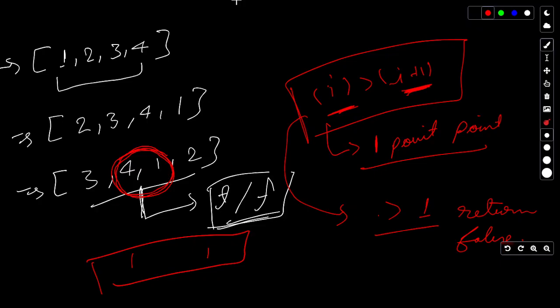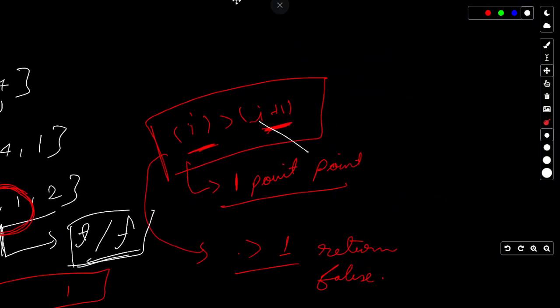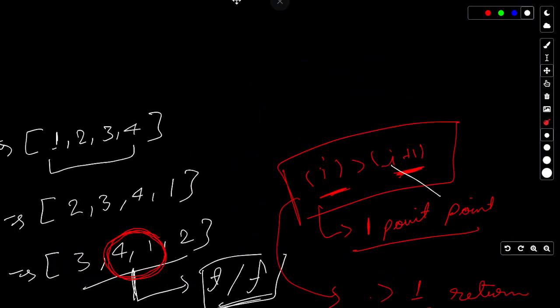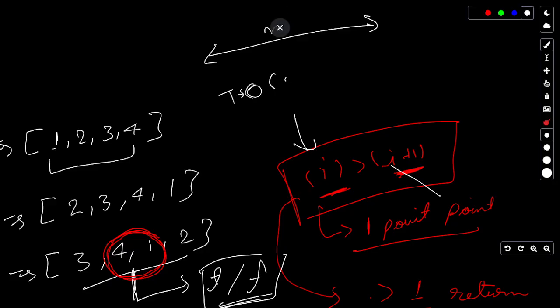So the solution that we will be using is we will iterate throughout the array, which has a length of n, and we will look for this condition at every iteration. So the time complexity will be big O of n in the worst case.